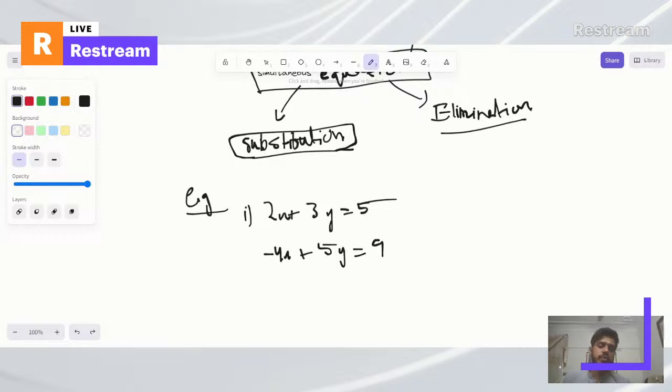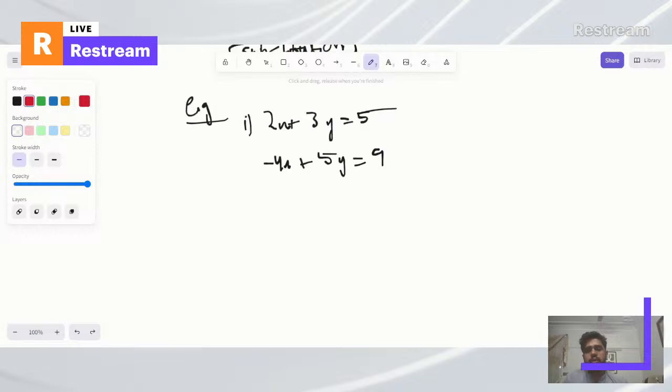So how are we going to solve this? First we marked this as equation 1, and then we marked this as equation 2, right? So in the first equation we have to take one equation. Let's take 2x plus 3y equals 5.